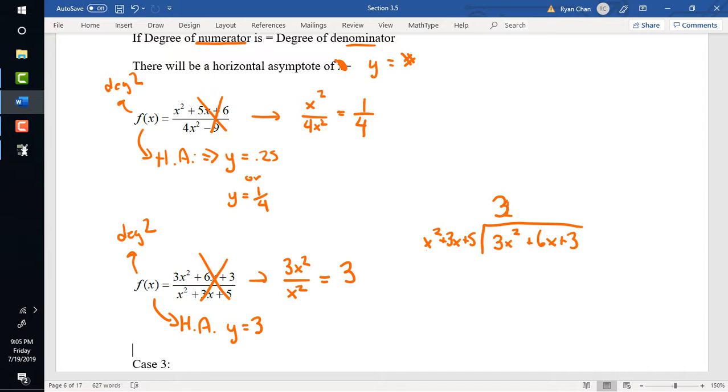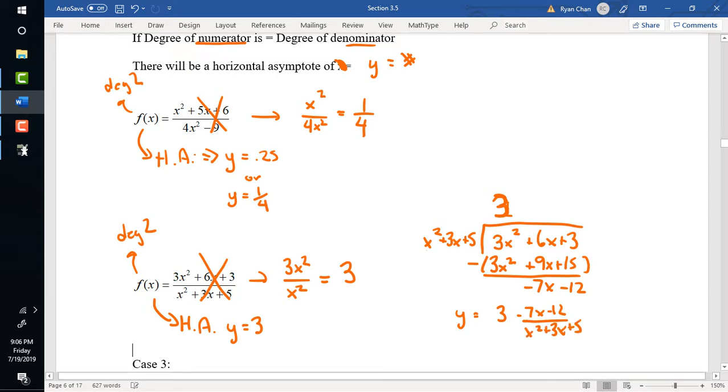That'll be 3, my bad. And this will be 3x squared plus 9x plus 15. I subtract it, and this is negative 7x minus 12. So I have y is equal to 3 minus (7x plus 12) over x squared plus 3x plus 5.